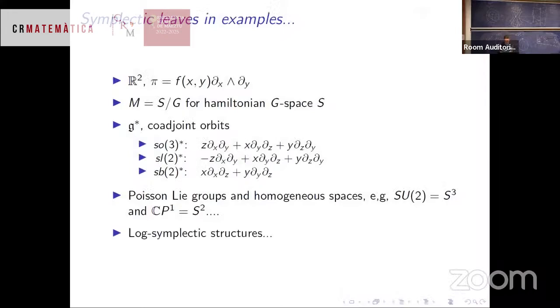Good. Yeah, so maybe I should also mention that these examples of Poisson Lie groups actually show up in pairs. The Poisson Lie group always has a companion, which is the dual group that shows up in the story. And in this case, the dual group of this guy is actually the Lie group that integrates this Lie algebra here, like this book group.